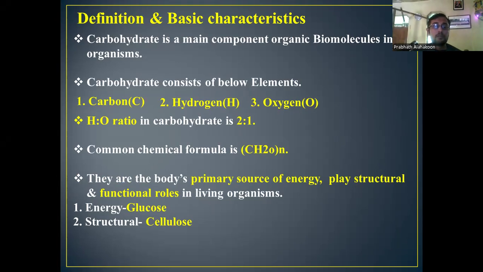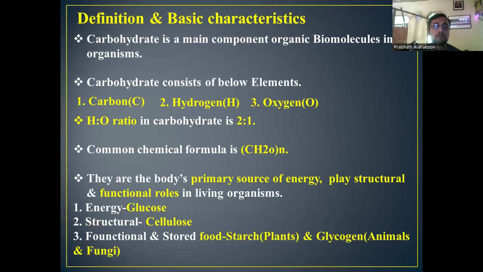The example is cellulose. Cellulose is contained in the plant cell wall. Next is the storage function. Examples for the storage function: starch is stored in plants, and glycogen is stored in animals and fungi.